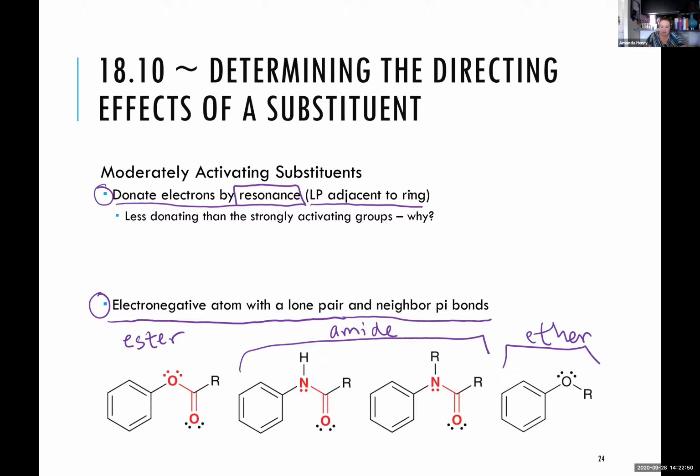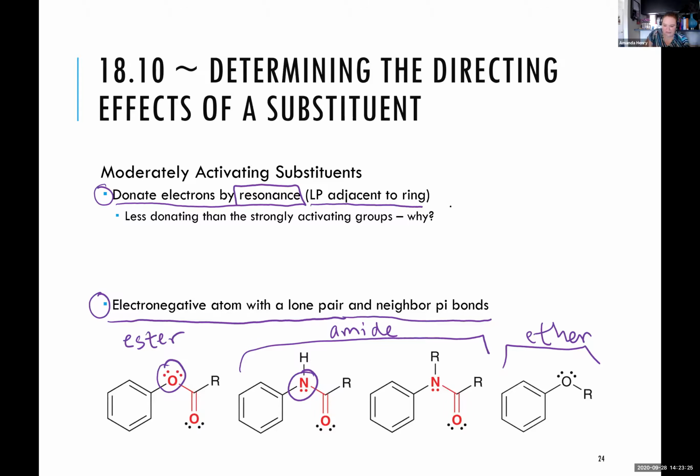The lone pairs on the oxygen and the nitrogen, yes, we can donate the electrons into the ring, and that's going to help the ring out. But those electrons can go towards the pi bond, and that has no effect on these reactions we're looking at or on the benzene ring. So because the electrons are getting pulled in two different directions, it's going to give less electron density to the ring.